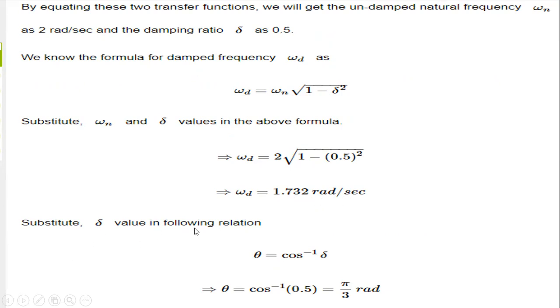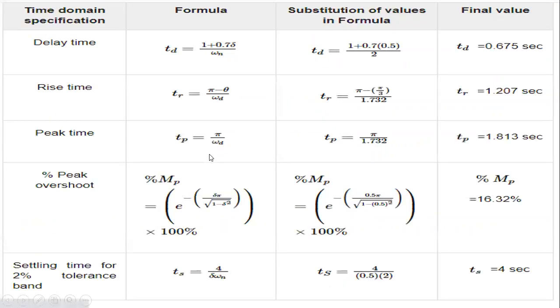Now, using the relation theta is equal to cos inverse of delta, we get theta equal to pi by 3 radians. This is the angle, pi by 3 radians. So theta is pi by 3 radians, omega d is 1.732 radians per second, omega n is 2 radians per second, and delta is 0.5. Now we know all the specifications.